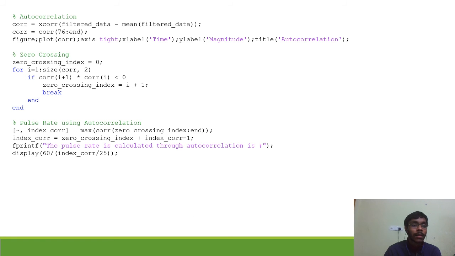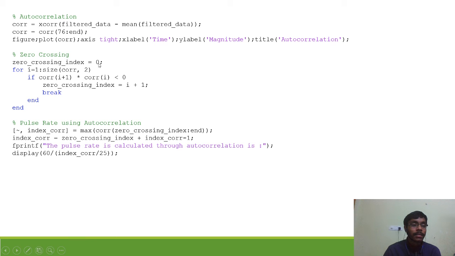Now we need to calculate through autocorrelation. For autocorrelation, we can directly subtract the mean and then find the correlation, and we plotted the autocorrelation also, but we didn't show it here. We will show the magnitude plot only. Now we need to find the zero crossing.